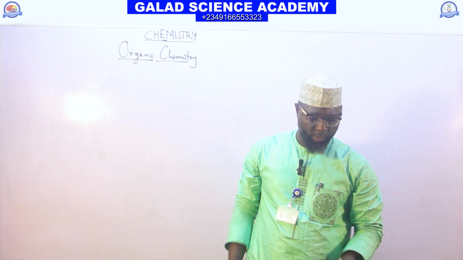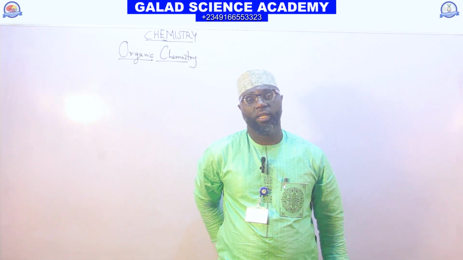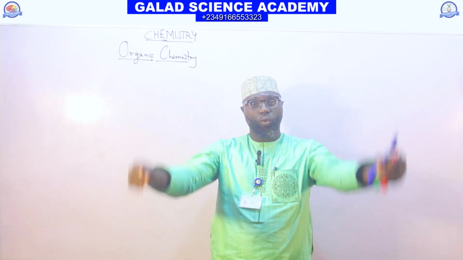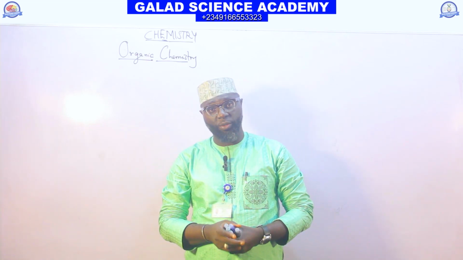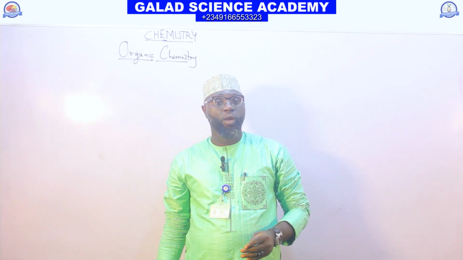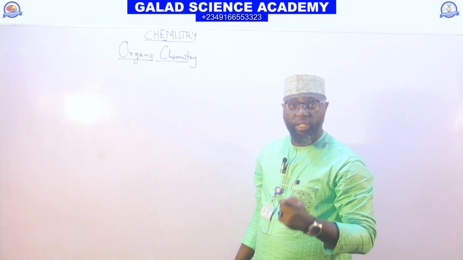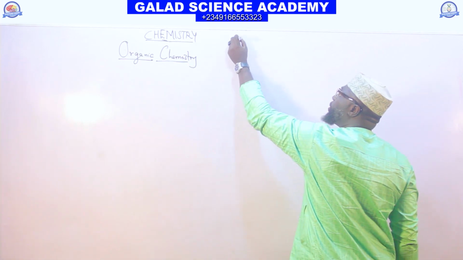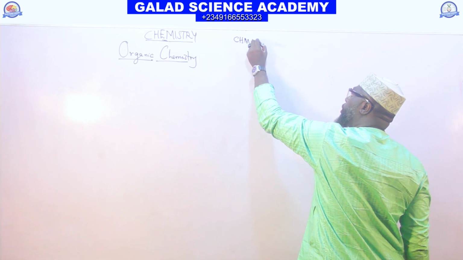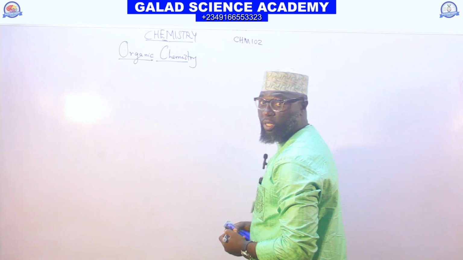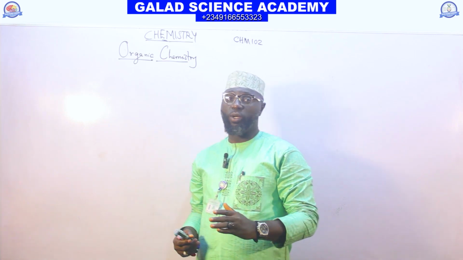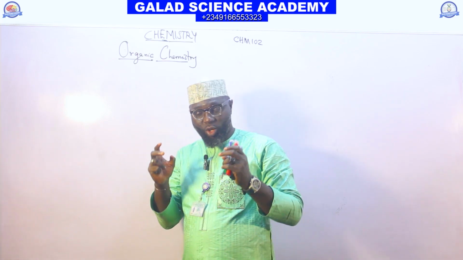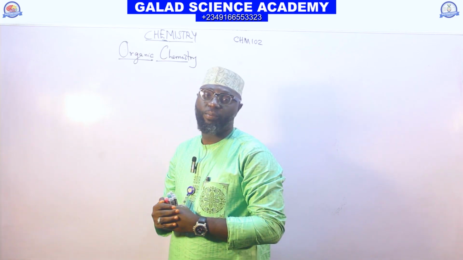Organic chemistry is one of the branches of chemistry, and the course code for university beginners is what they call CHM 102. It is a vital topic in chemistry, and it is also the simplest topic we have in chemistry.